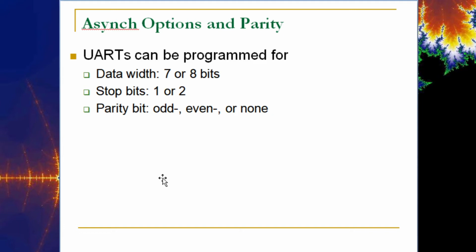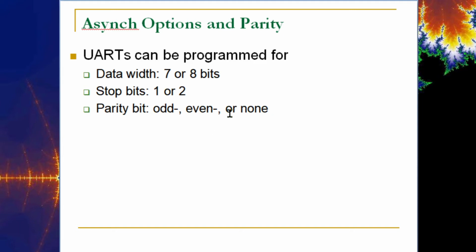Okay, but remember, parity is there to check whether there's the same number of highs and lows, whether there's an odd number of them or an even number of them, and then checking that on the back end, on the receiving end.